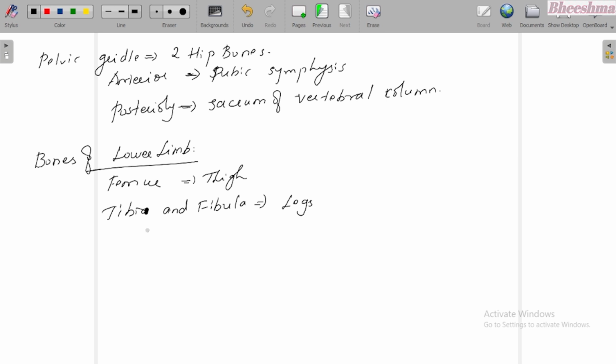The tarsal bones, metatarsal bones and the phalanges within the foot.